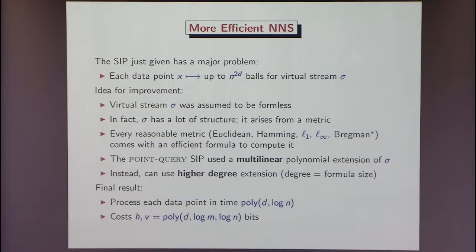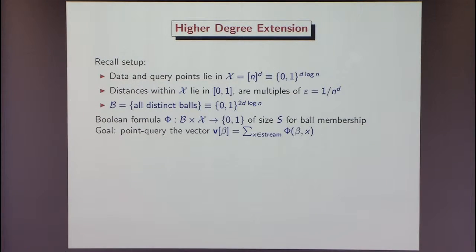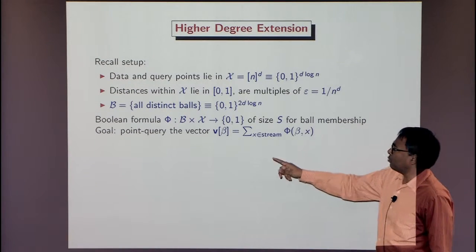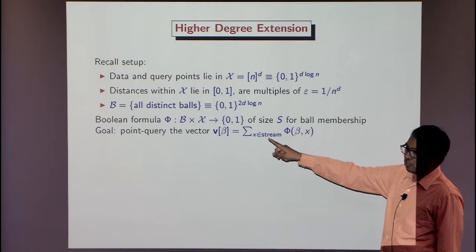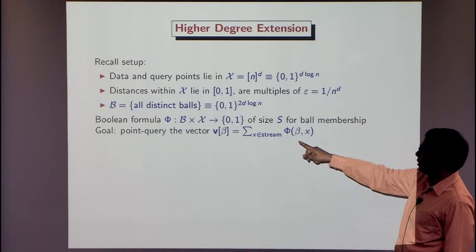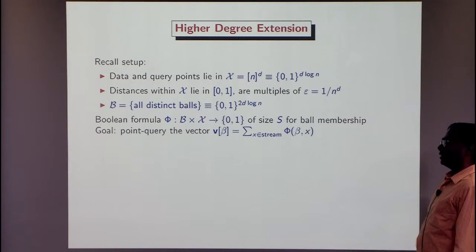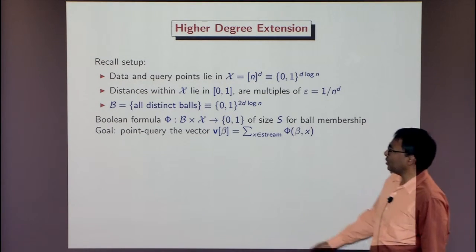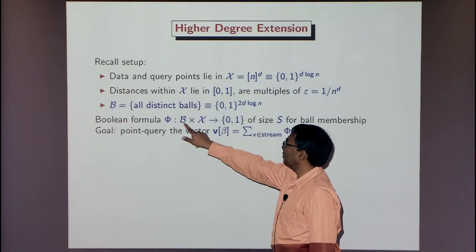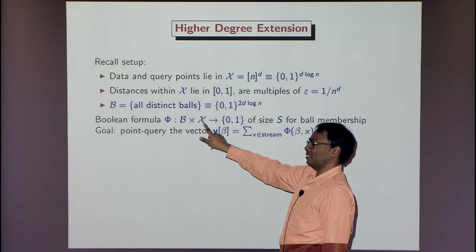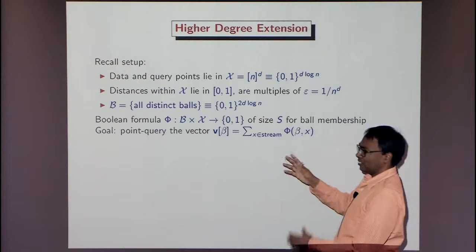Don't concentrate too much on what the final results are, but I want to tell you the idea for constructing this extension. So let's say we have this formula phi, which takes two inputs, a description of a ball and a description of a point, and tells you whether the ball contains the point or not. In the case of, say, the Euclidean metric, this would amount to computing a Euclidean distance between a given center and a given point, and comparing it to some given radius to see if it's less than or equal to it or not.